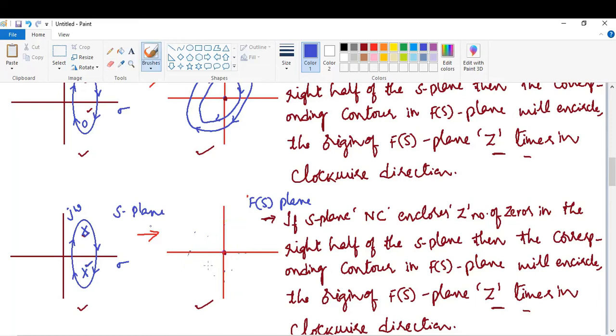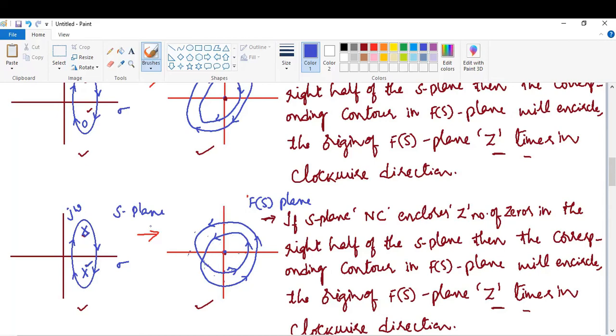That circle starts in anti-clockwise direction like this. The origin is encircled like this. The circle starts here and closes.